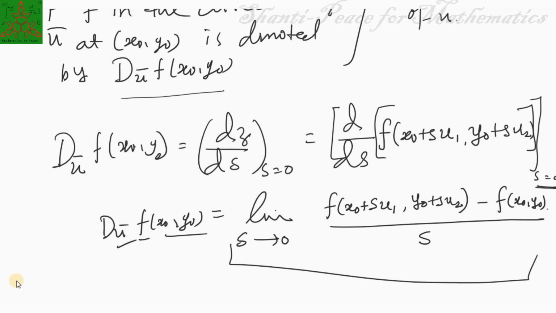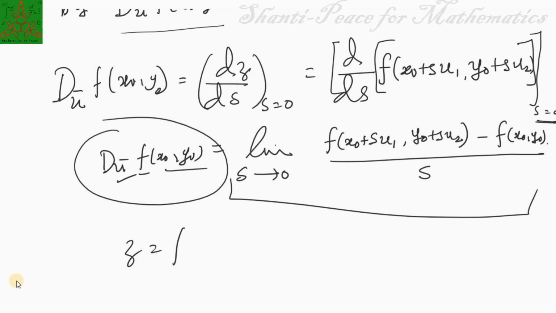So geometrically, what does the directional derivative represent? It can be interpreted as the slope of the surface z equal to f of (x, y) in the direction of u bar at the point (x0, y0, f of (x0, y0)).